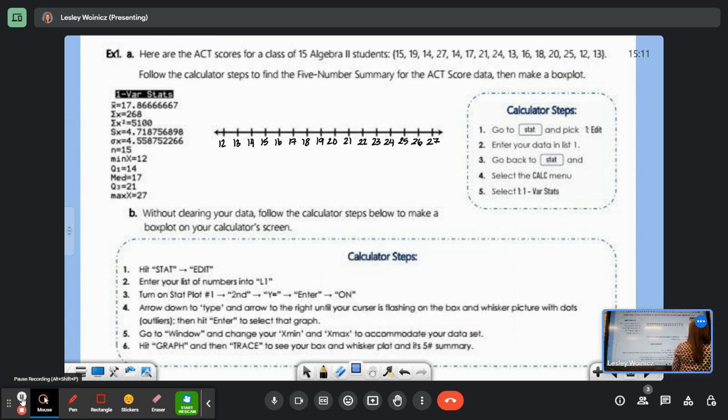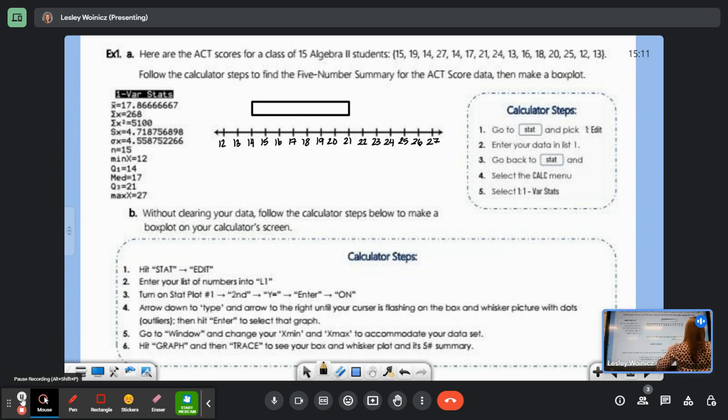Okay, looks like our Q1 is at 14. Q3 is at 21. I copied it over here, so you have it to refer back to. If yours matches this, then you did it right.